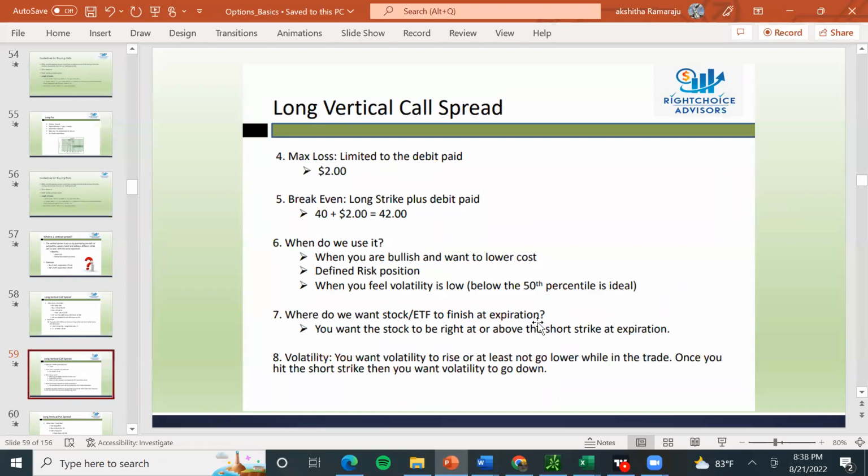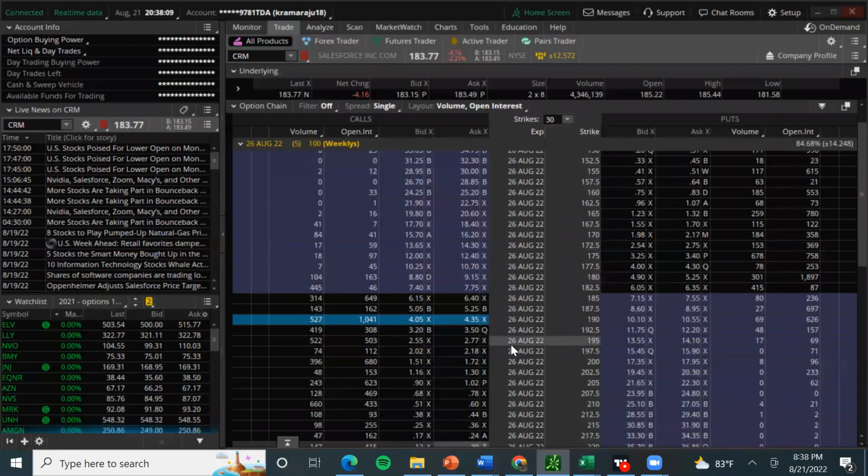And where do you want the stock to finish at the expiration? You want the stock to be right above the short strike. For example, even if it comes to 195, you won't lose anything. You don't need it between 190 and 190, because even if it comes to 195, because of theta decay, because of volatility, all those things, you already made all the premium you collected.